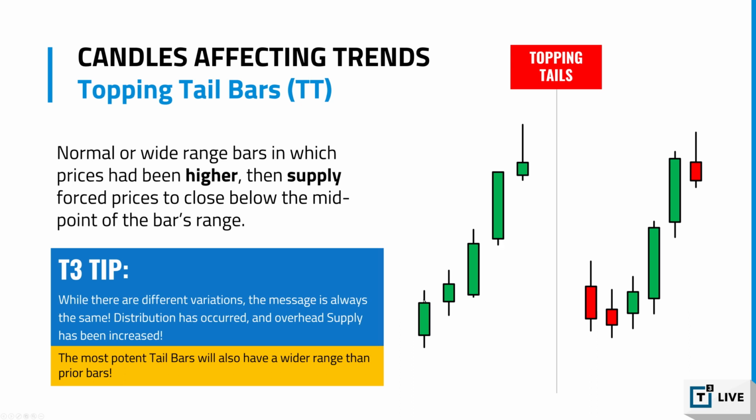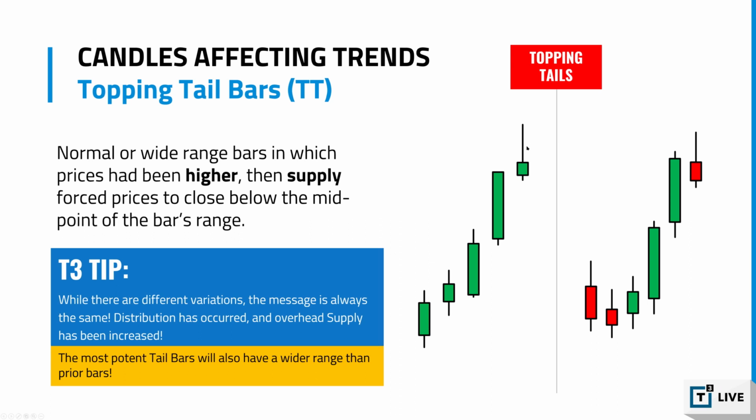Then we talk about narrow body bars, right? And what they mean. Narrow range bars, narrow body bars are excellent reversal signals if they form after a period of selling or after a period of rallying. They're excellent reversal bars. That's what they actually mean, right? Then we discuss that.